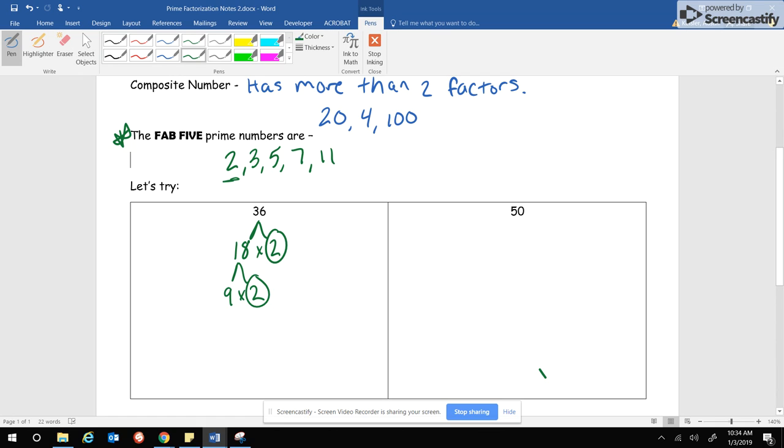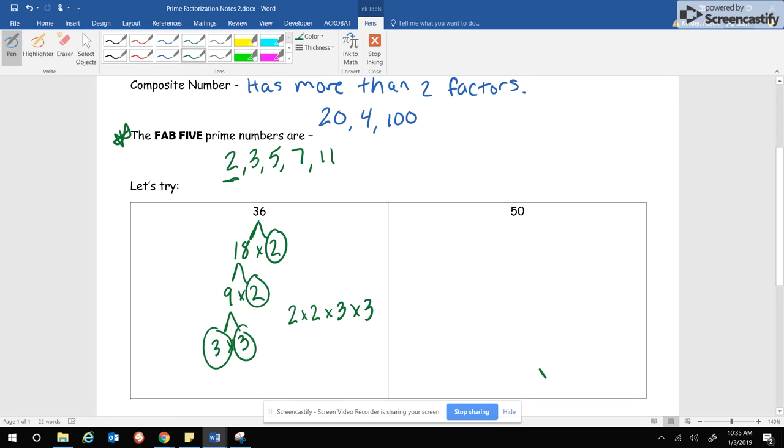There's one of our Fab 5, so we're going to circle it and make it an apple. 9, if I think about it, well, 9 I can do 3 times 3, so I'm not done with 9 yet. If we look up here at our Fab 5, 3 is part of the Fab 5, so I'm going to circle both of them. So my prime factorization for 36 would be 2 times 2 times 3 times 3. I have all apples left, so I'm done.